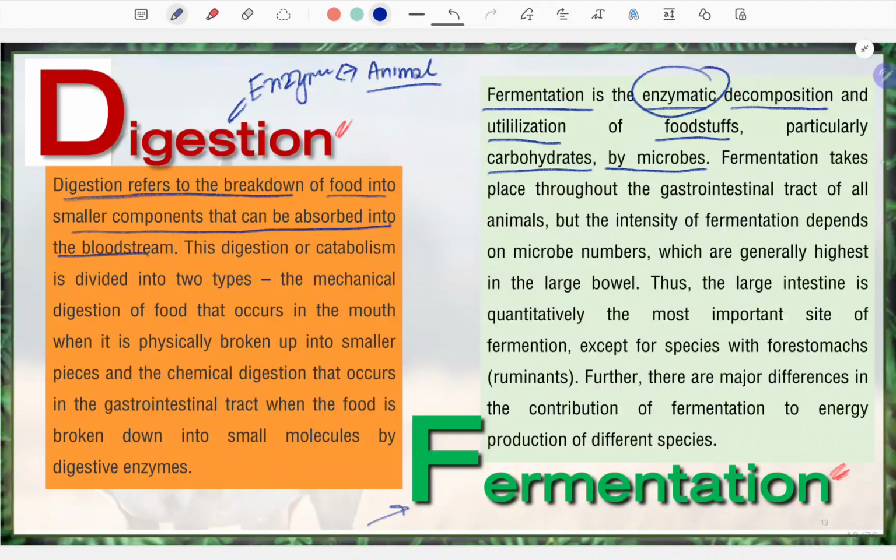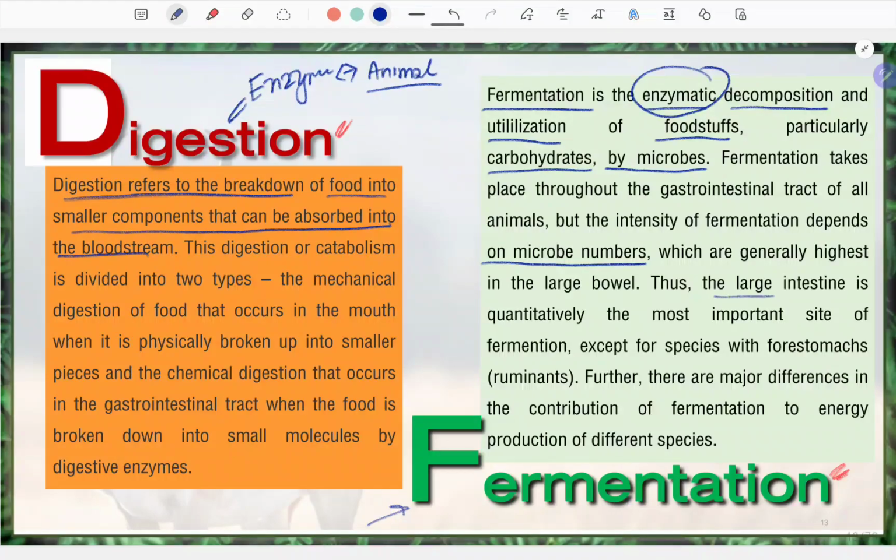Fermentation takes place throughout the gastrointestinal tract of the animal, but its intensity depends on microbe numbers, which are generally highest in the large bowel.